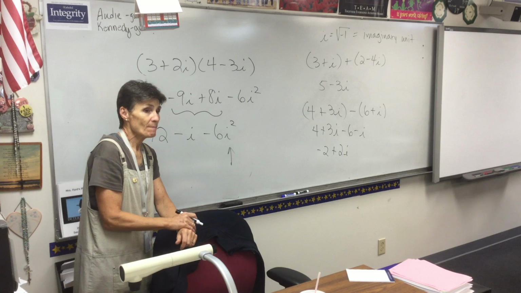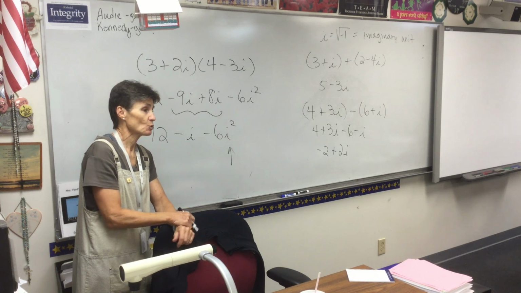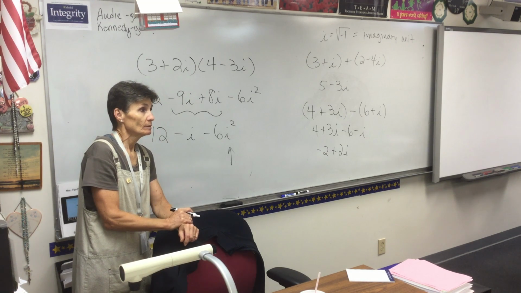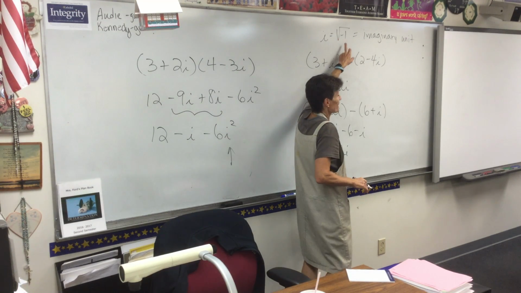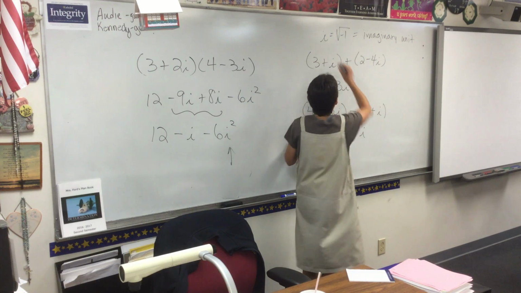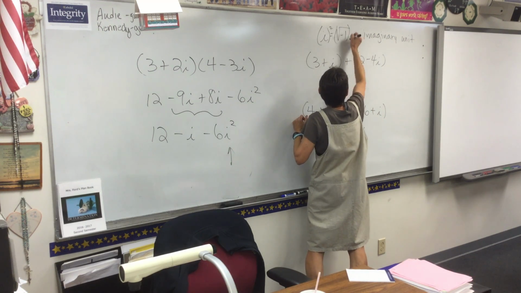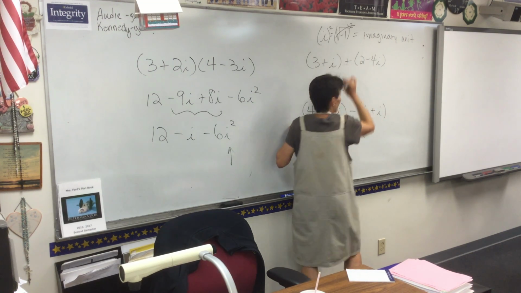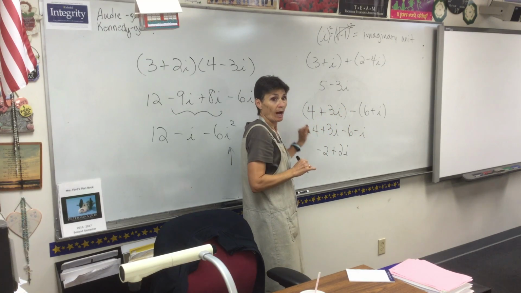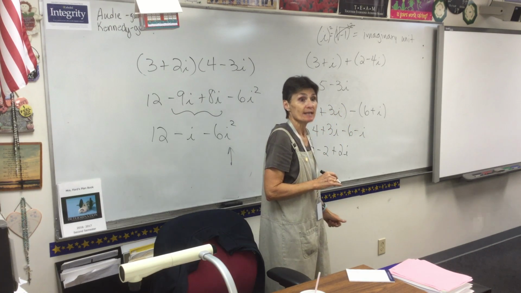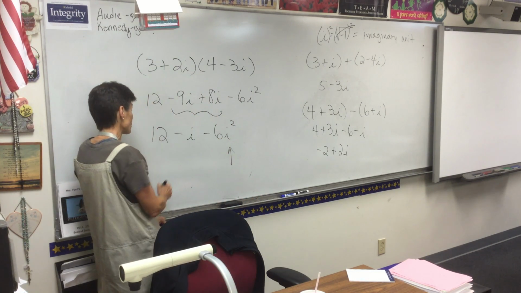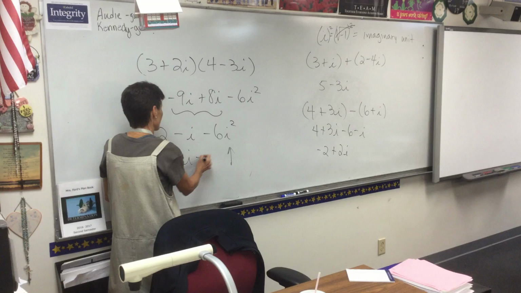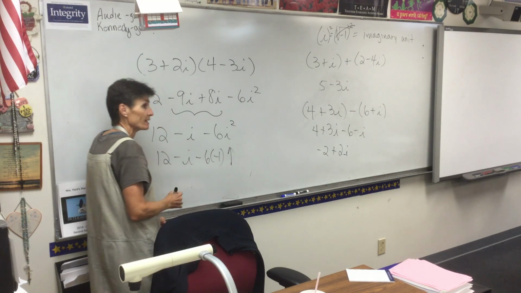Does anybody remember how we handle i squared, Miss Ruffle? It does equal -1. Kids, if i is the square root of -1, what happens when I square both sides? Doesn't that cancel out? Oh, that's cool. So i squared is -1. So every time you see an i squared, you are going to replace it with a -1.